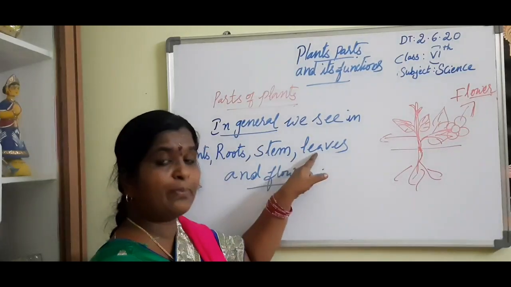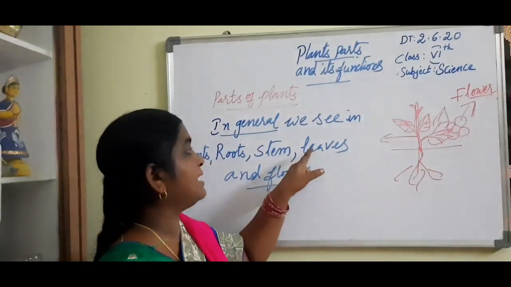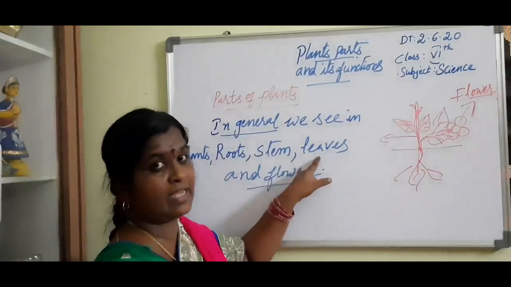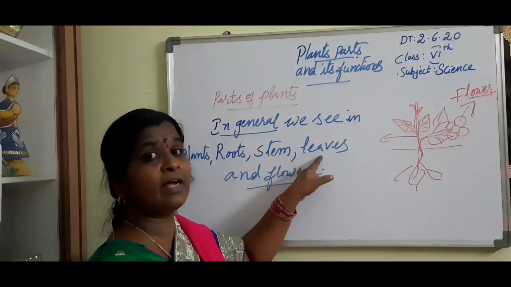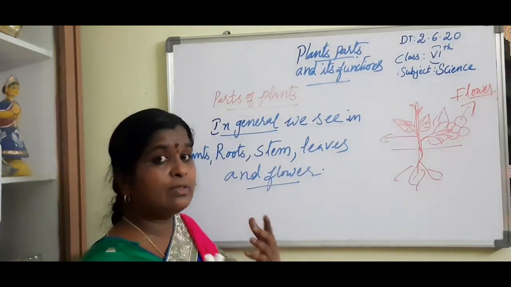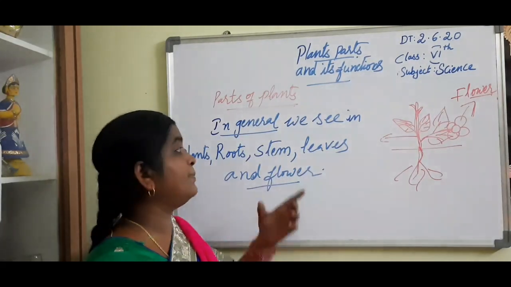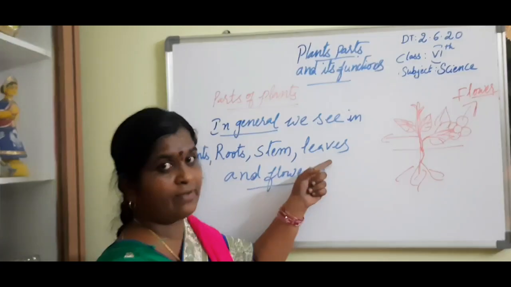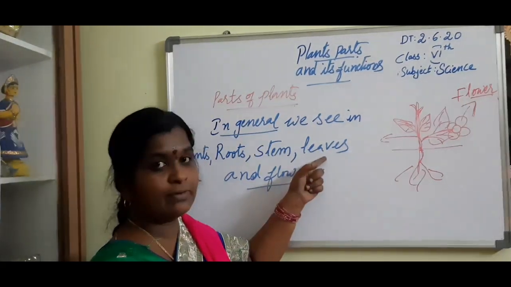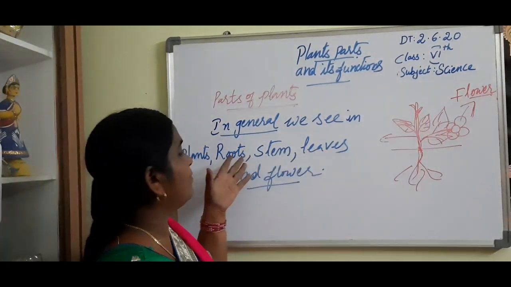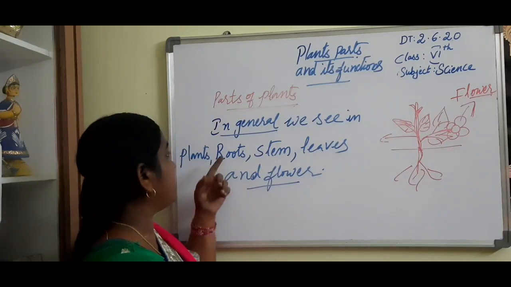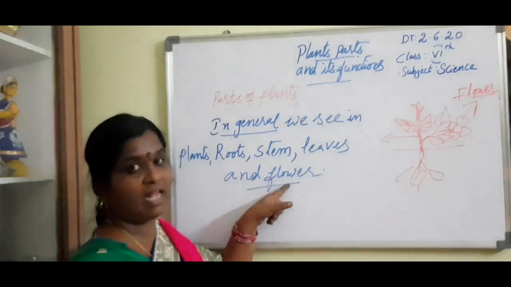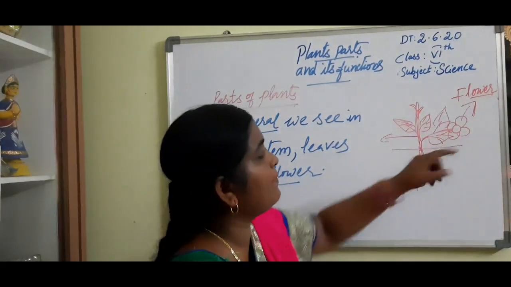About the leaves, we discussed their importance, the types of venation, reticulate and parallel, and the leaf function, that leaves act as a breathing organ through the stomata. All these we have discussed in the previous parts, and the next part left is the flower.